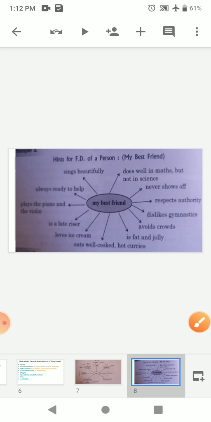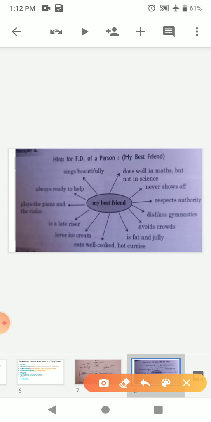Like we have this factual description of a friend, and then you can make this flow chart. He sings beautifully. You think of your friend and you make the flow chart likewise. And then it's not that you will just make a flow chart there and the work is done. No, you have to write the details. So this flow chart will basically help you to gather some points and you will be able to organize them.